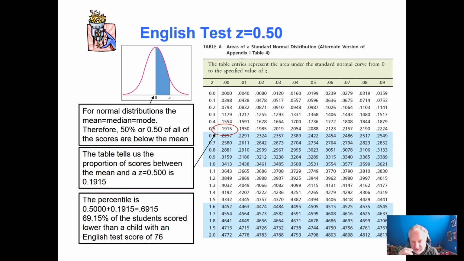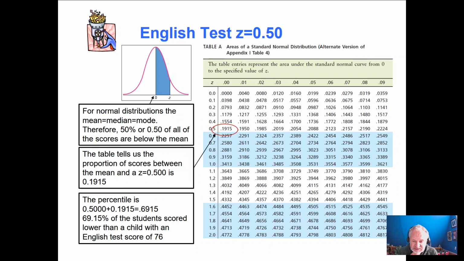Add that to the 0.5. The reason I add the 0.5 is because half the scores are always below the mean, since for any normal curve, the mean, median, and mode are the same value. So 0.5 plus 0.1915 means that the percentile rank for the child on the English test was 69.15%: 69.15% of the students scored below 76 on the English test.